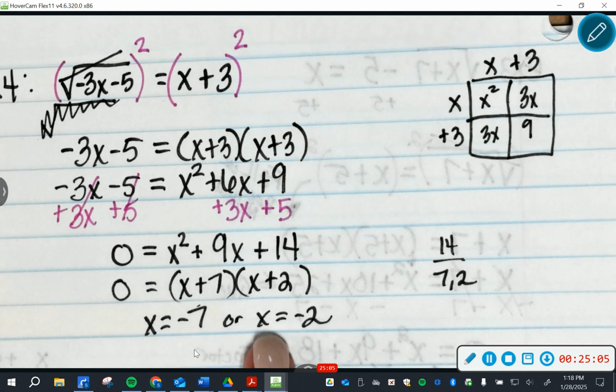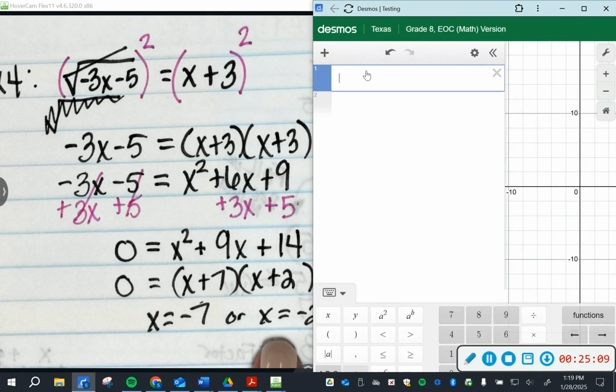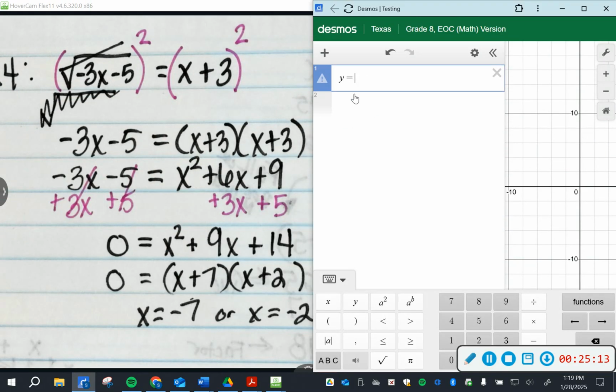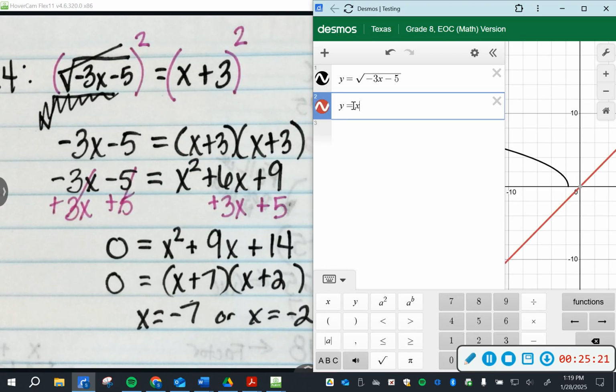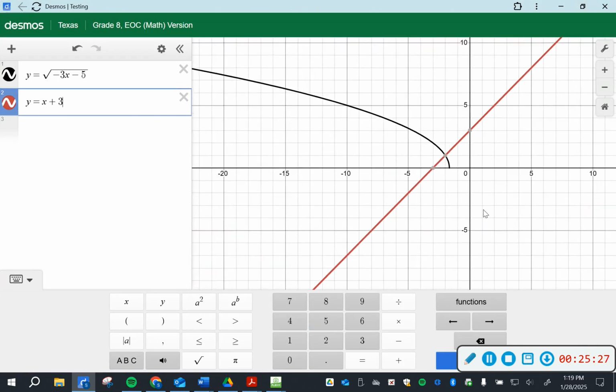So I'm going to check this one with a graph, because this one's graph is interesting. I'm going to make a function out of the left side, y equals square root of negative 3x minus 5, and a function out of the right side, y equals x plus 3. When I look at these, this is what it looks like.